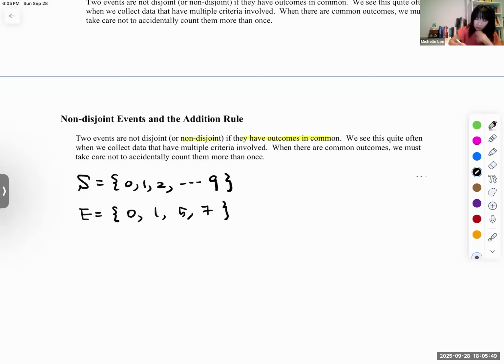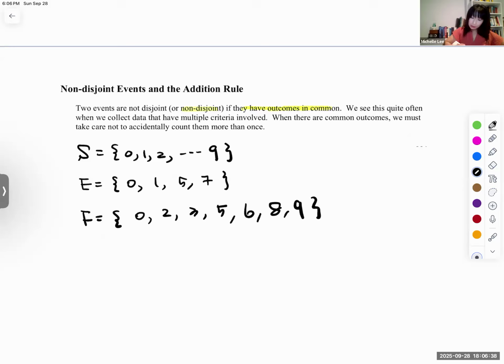Event F has 0, 2, 3, 5, 6, 8, 9. How about that?